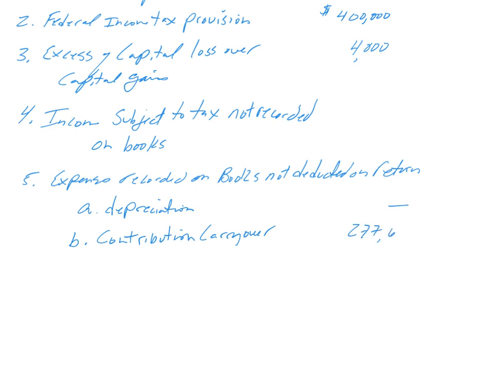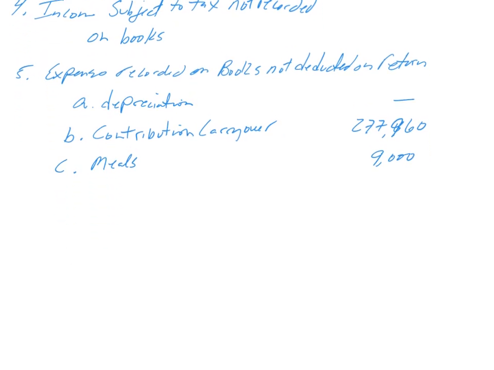And so our book contributions were larger than our tax contributions. Meals are always going to be an issue if we had meals because they're only 50% deductible for tax purposes, but we get to deduct the whole thing for book purposes.